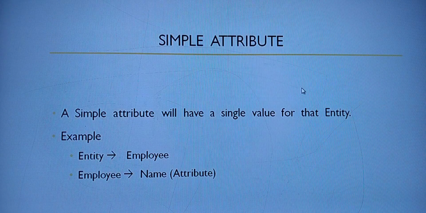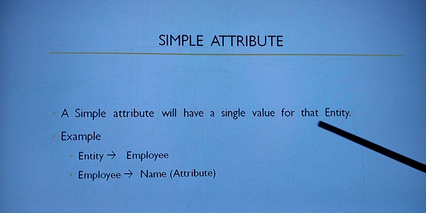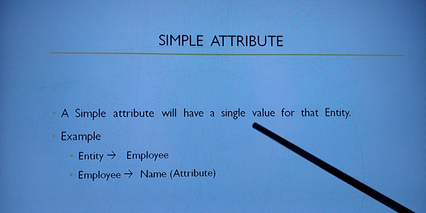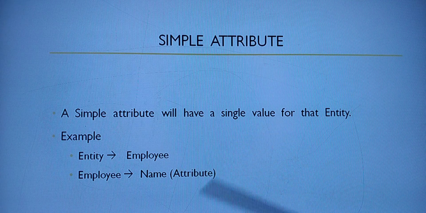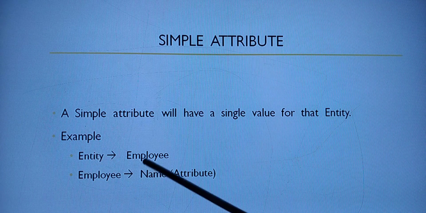A simple attribute is going to have a single value for that entity. So for example, you see this one. Employee is an entity. For this employee, the name is your attribute.